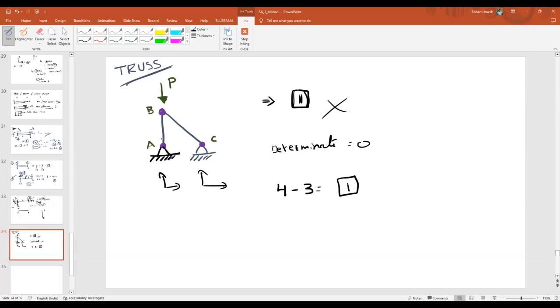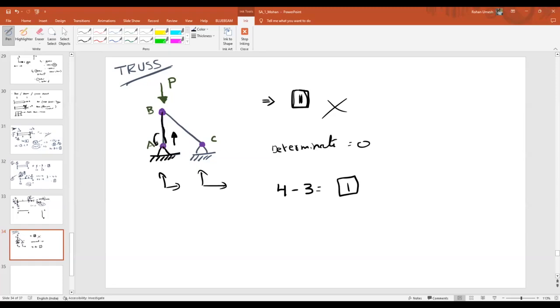As it is resisting only the axial force, it will transfer only axial force to the support A, isn't it? In this case, what is the direction of the axial force? The element orientation is vertical, so that axial force direction is vertical.